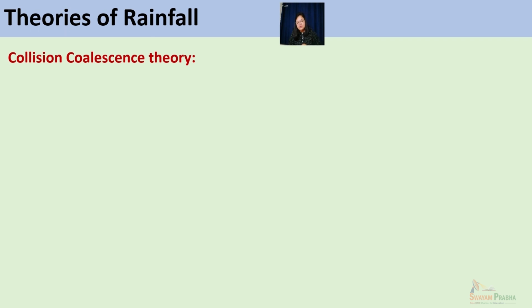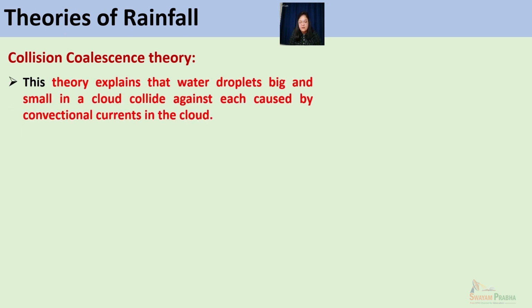You have to understand that though the Bergeron process of the origin of precipitation and rainfall satisfied most of the observed facts, it could not explain the mechanism of rainfall in the tropical areas, where the cumulus clouds over the oceans give copious rainfall when they are located only 2 to 5 kilometers above the Earth's surface, and they are mostly 2000 meters thick, and the air temperature is not even below 0 degrees Celsius and mostly ranges around 5 to 4 degrees, or it can be even more in the higher layers of these cumulus clouds.